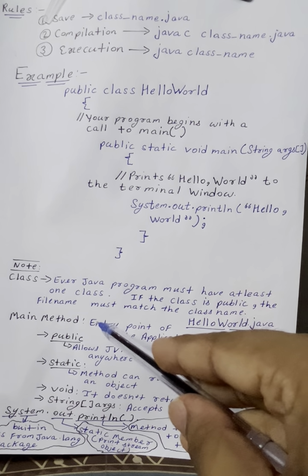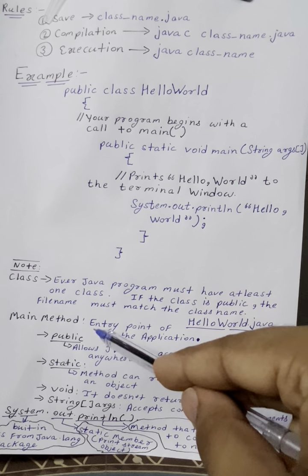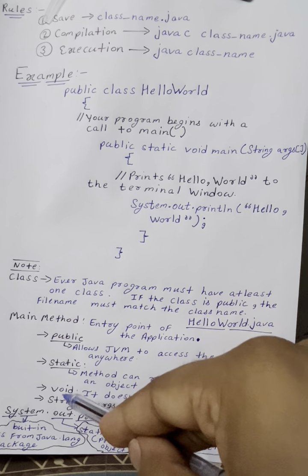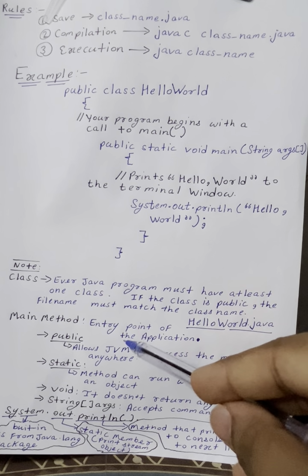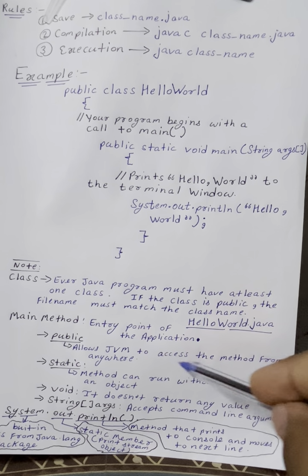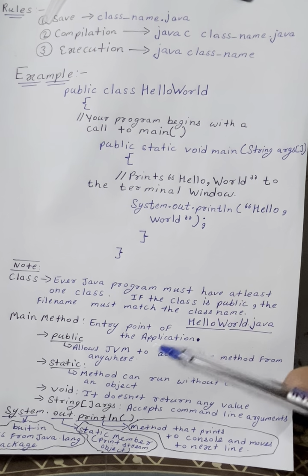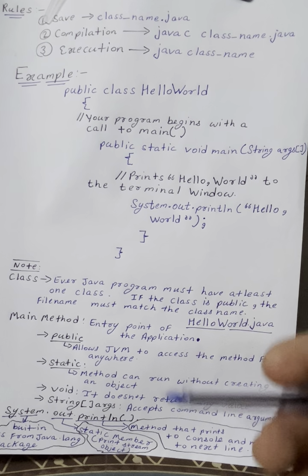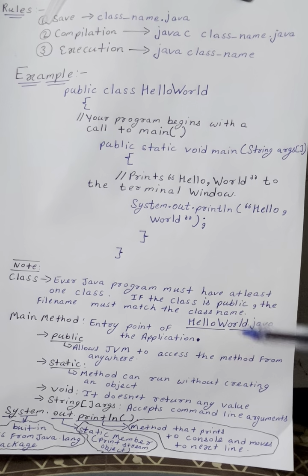As I said, main method is the entry point of the application. Here we know we have to write public, static, void and string argument. In this, public allows us to access method from anywhere, and there are some other access specifiers also, like private, default. I will tell you about those specifiers next time.